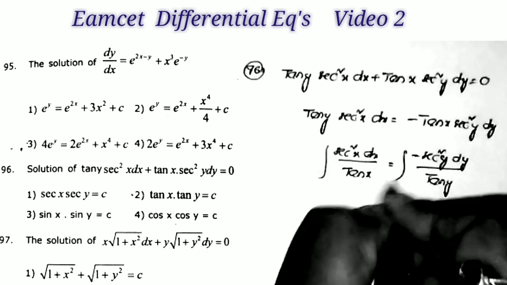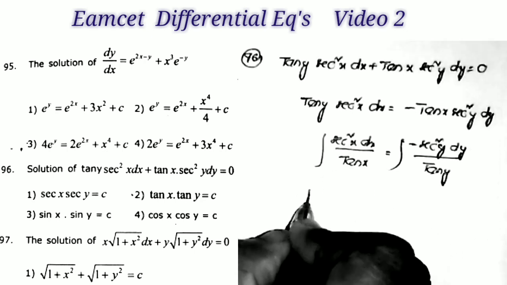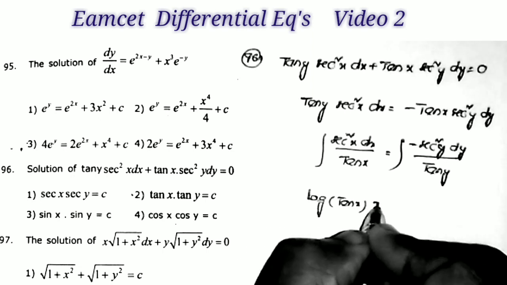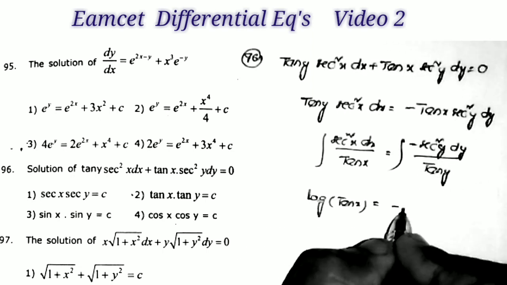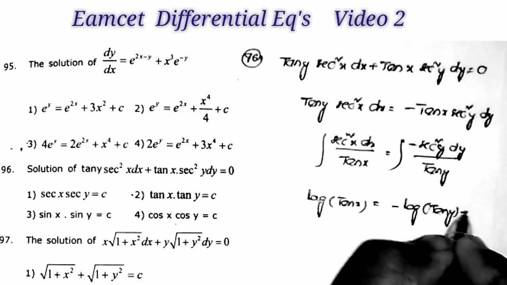Now taking the integration on both sides. This is in the form of f dash of x by f of x, so the answer is log of f of x, that is log of tan x is equal to, this is also f dash of x by f of x, log of tan y plus log c.